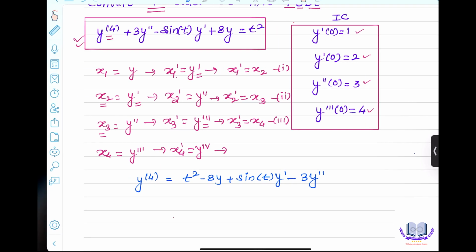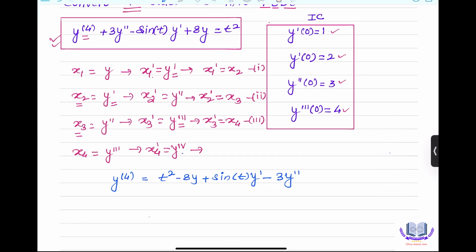Now we have to substitute values. So what is y4 dash? It is x4 dash equals t square, which will remain as it is, minus 8 times y. What is y? y is nothing but x1. So you can see here we are getting the variables. On the right hand side we are getting the variables x1, x2, x3 and so on. Plus sin t times y dash.